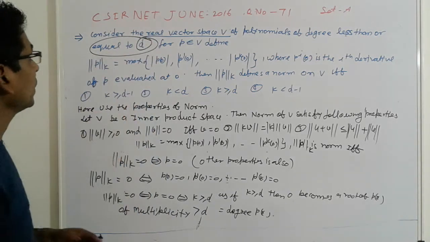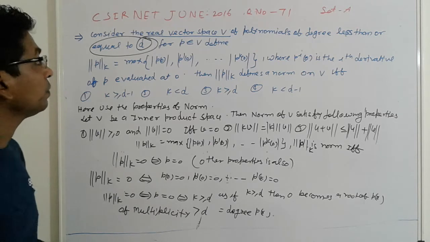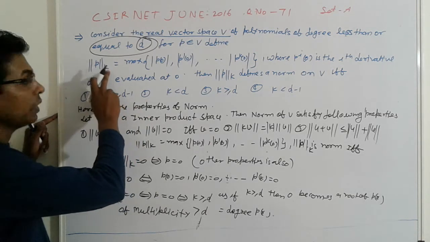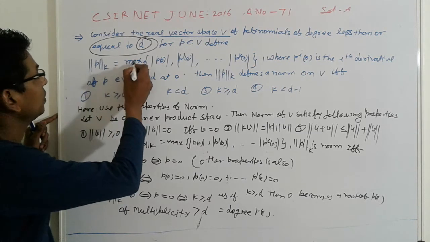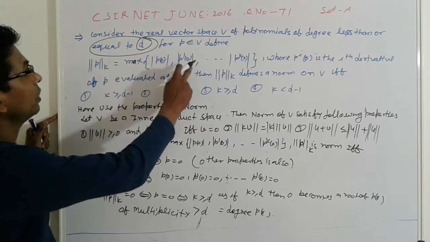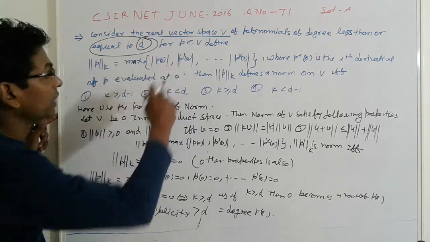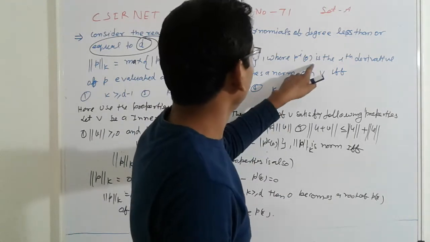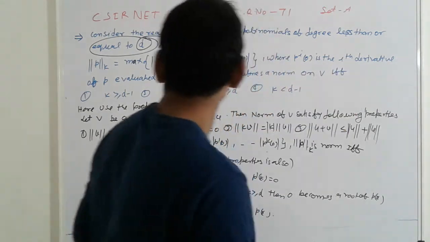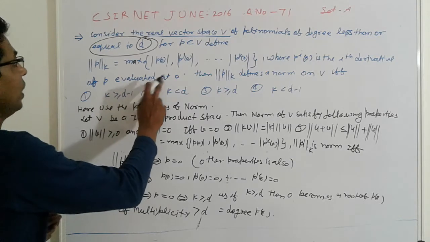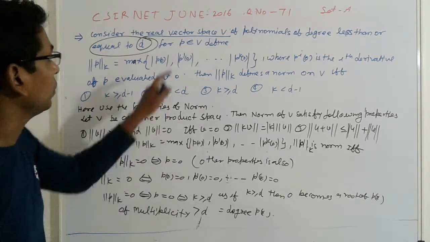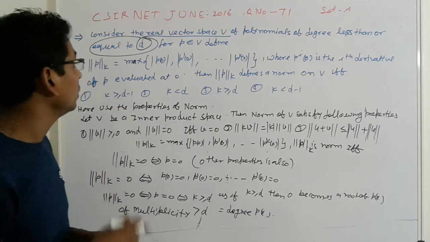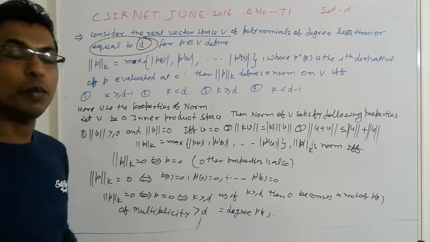So for p belonging to V, p is an element of V. The norm of p_k is the maximum of p^(i)(0), where p^(i)(0) is the i-th derivative of p evaluated at 0. Whatever the degree, we find the value of the norm from the i-th derivatives, and after that put whatever is equal to 0 at the point 0.